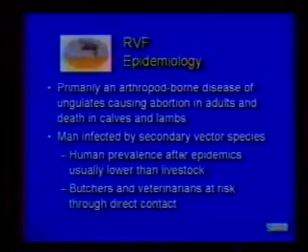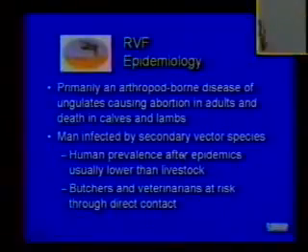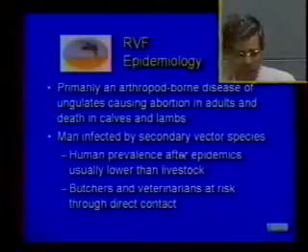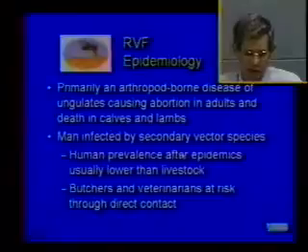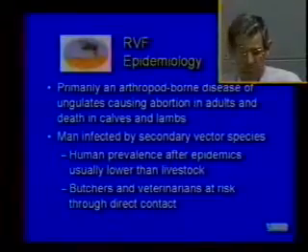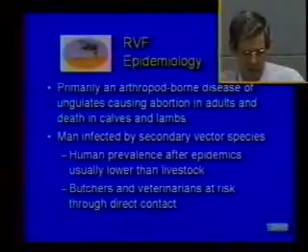Well, what is Rift Valley fever and what is its epidemiology? Well, it is primarily, once again, an arthropod-borne disease of ungulates, and it usually causes abortion in adults, but it causes deaths in both calves and more particularly young lambs.